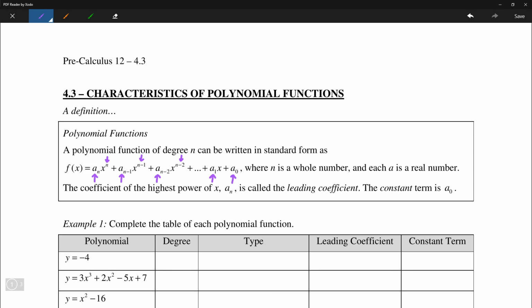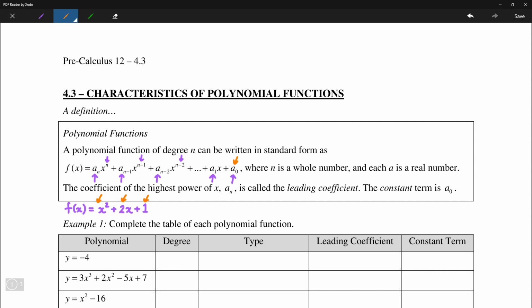So an example of a polynomial function would be something that looks like this. We have f of x is equal to x squared plus 2x plus 1. In this case, the first a value is 1, the coefficient in front of x squared, then 2, then a constant, which is the a0 term here, would be 1, or a naught would be 1.